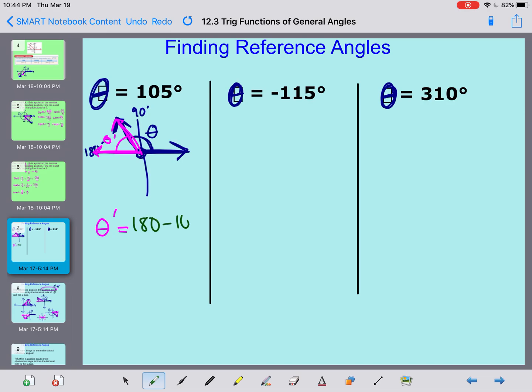So 180 minus 105. So our theta prime here is 75 degrees. Next picture.